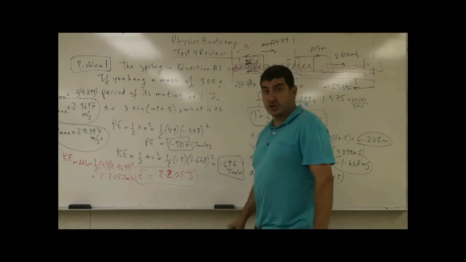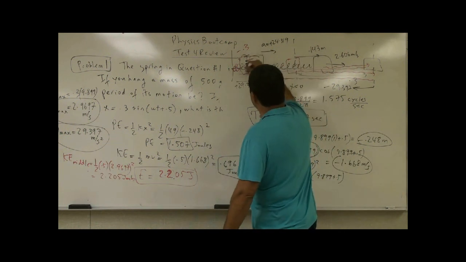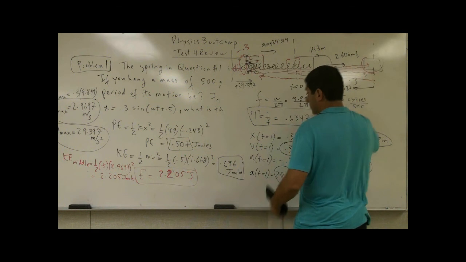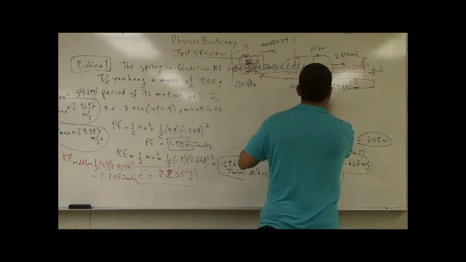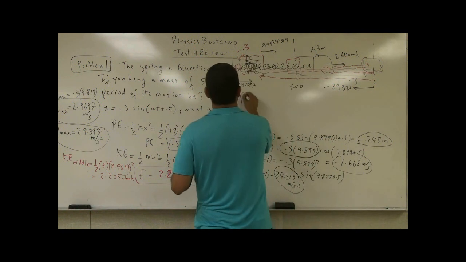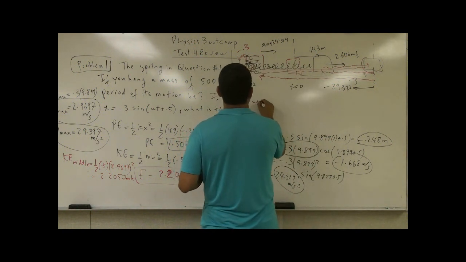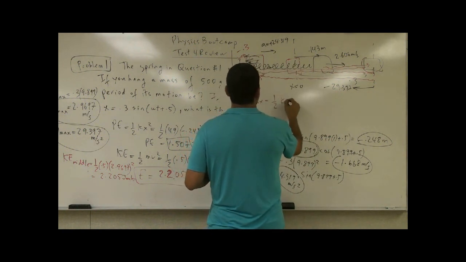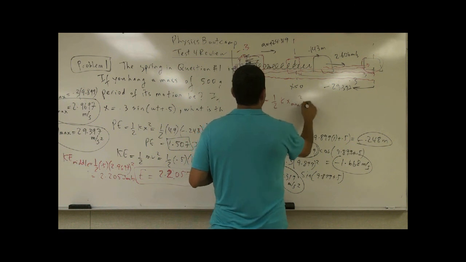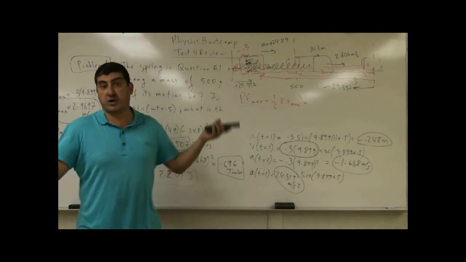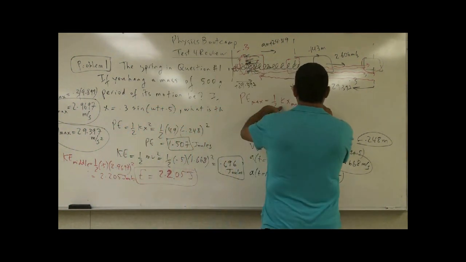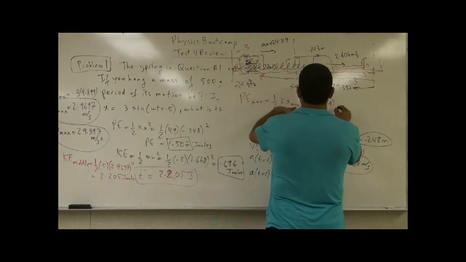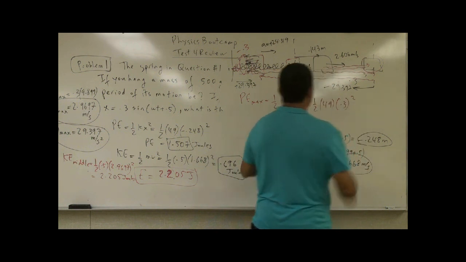The other thing we can check is what is its potential energy here or here, right? What is its potential energy at the two ends? Potential energy maximum is 1/2 k x max squared. Actually, this is one of the first things we could have answered, because k we already know, 49, x max is 0.3.